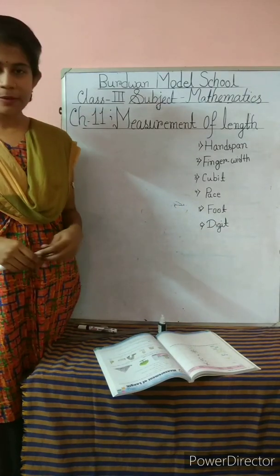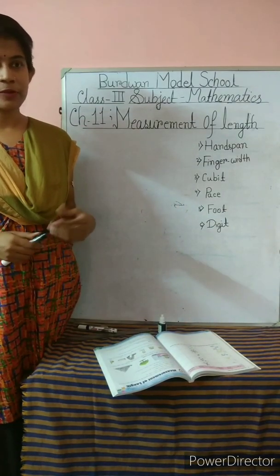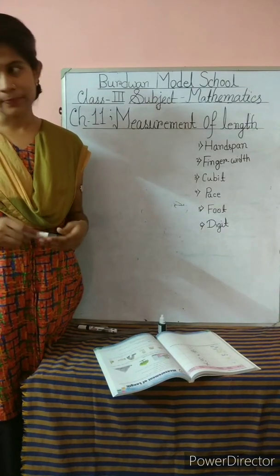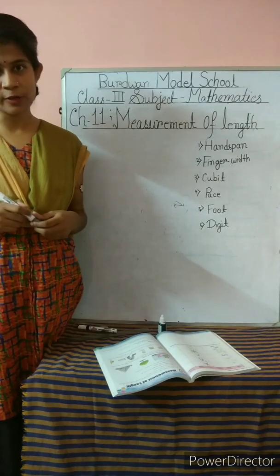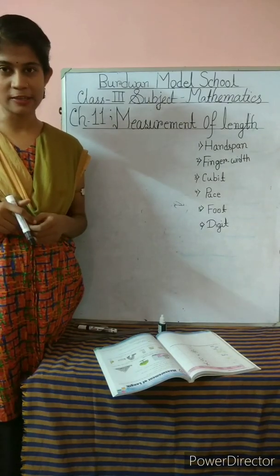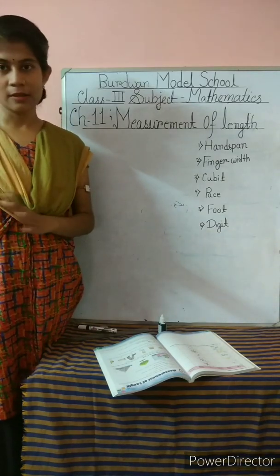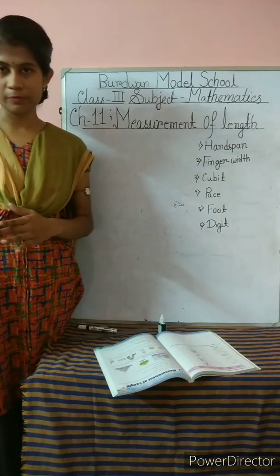Now, can you remember that whenever you are going to the assembly line, I used to say, stand according to your height, and you make a line from smaller to bigger.